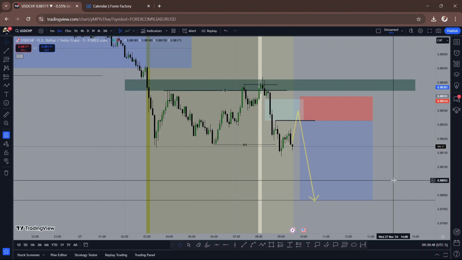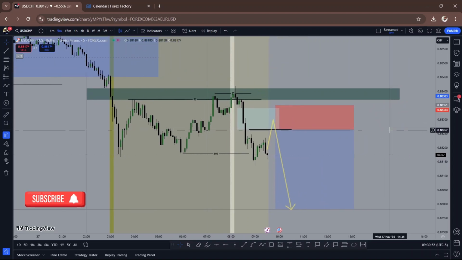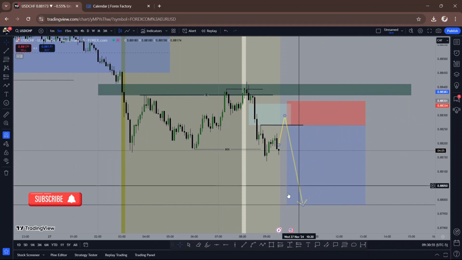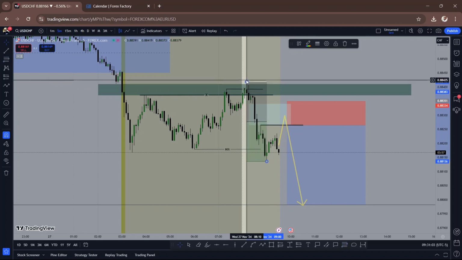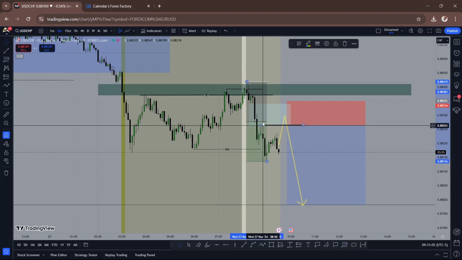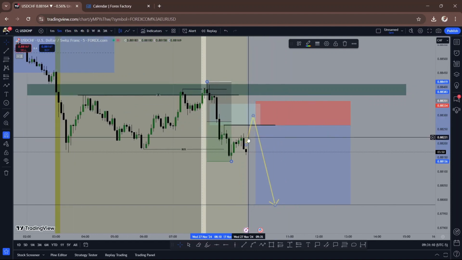Okay, let's go. Hey guys, so I'm looking at this beautiful setup right here, where I'm just wanting to see price come. If I measure this with my fib right here, we have this level. So actually what I want to see is an entry pattern here.